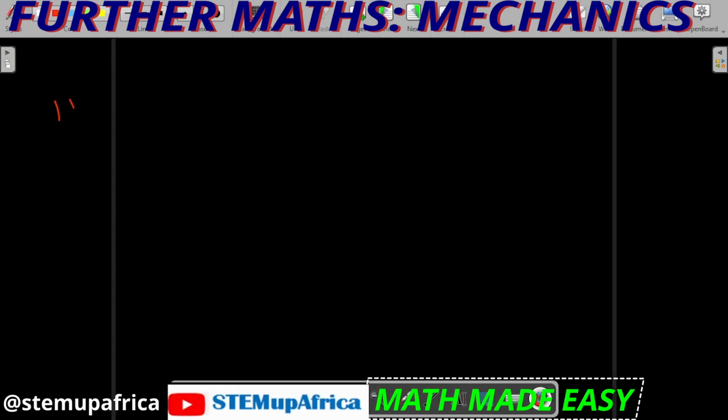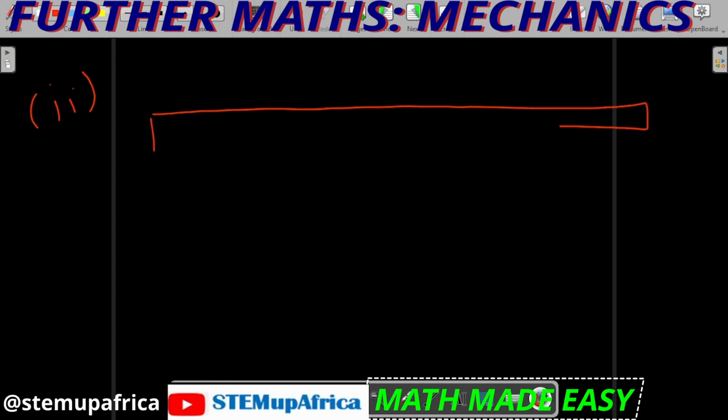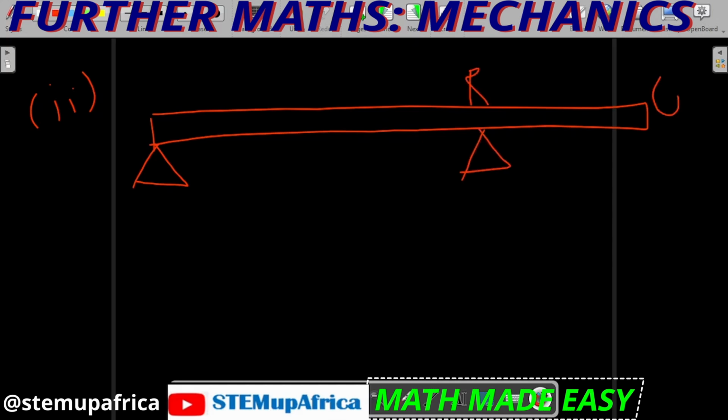So Roman figure 2, I'm going to have the first system now. There is a support here, which is at point R. This is Q, 8 meters, while this is P. So the reactions are equal now.